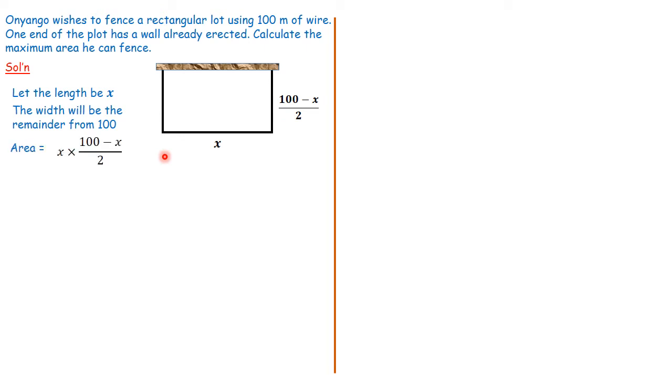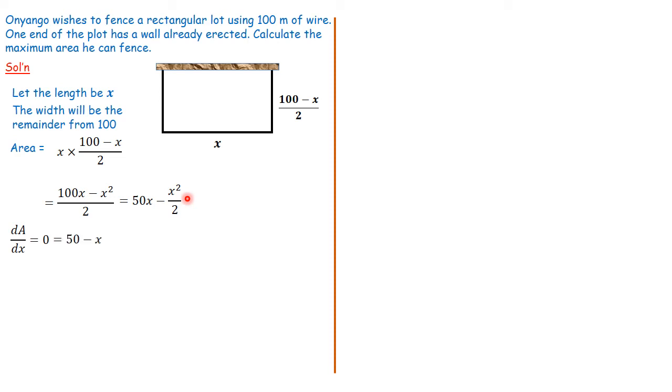Now area will be length times width, which is x times what you have there. Simplifying that, you go to 50x minus x squared all over 2. Now the first derivative, that is differentiating area with respect to x, should be 0. This is a quadratic equation which only has a single turning point, either a maximum or a minimum.